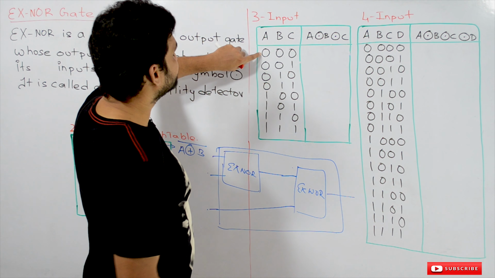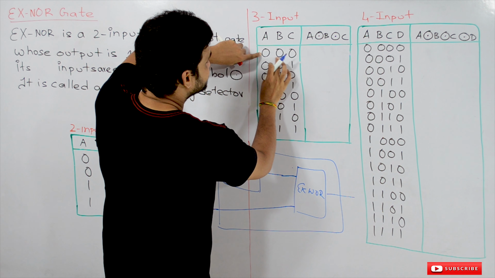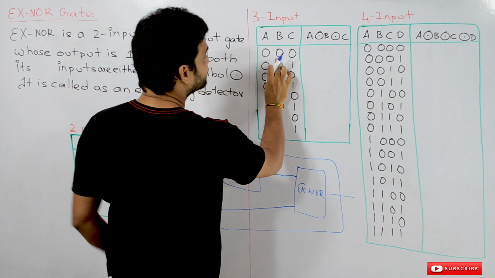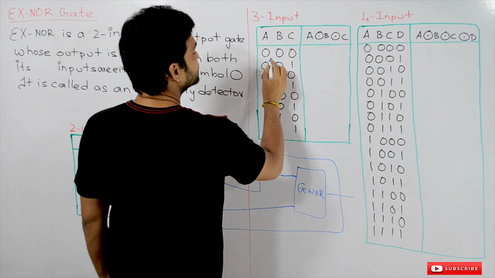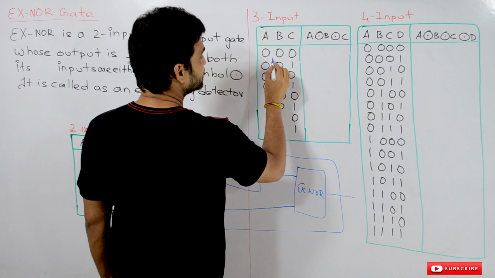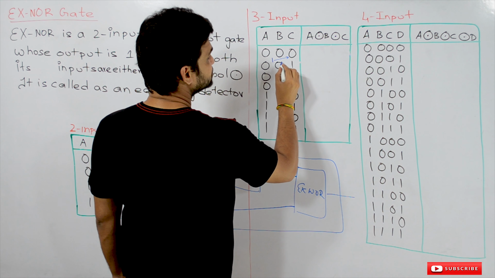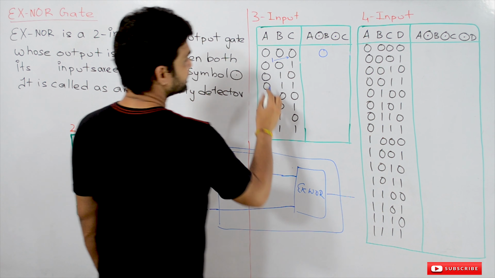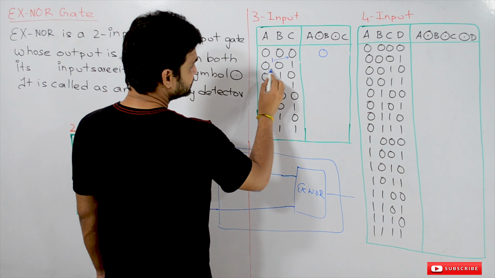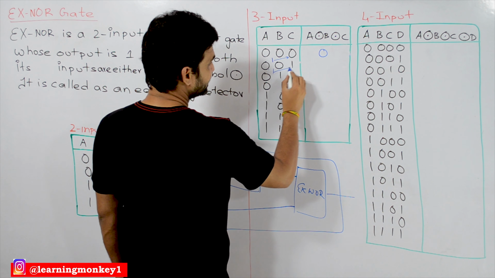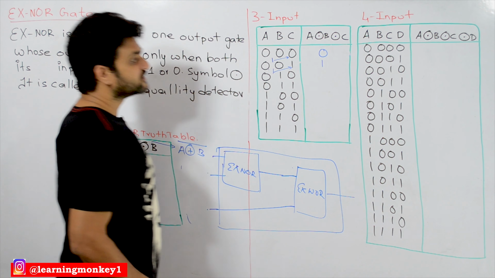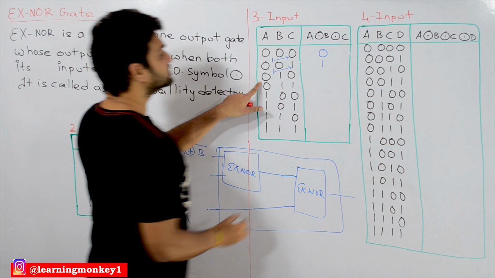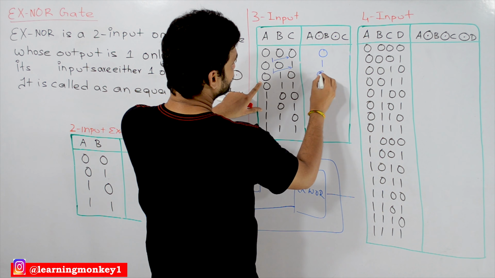So how the output will get produced is, first we have to take the XNOR of these two, and the output of it is going to be XNORed with this. So here the output is going to be 1 XNOR 0. 1 XNOR 0 is a 0. Similarly, 0 XNOR 0 is going to be a 1, 1 XNOR 1 is going to be a 1, and if you take this, it is a 0.